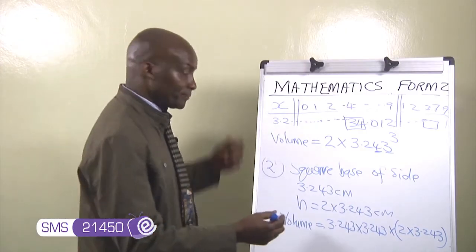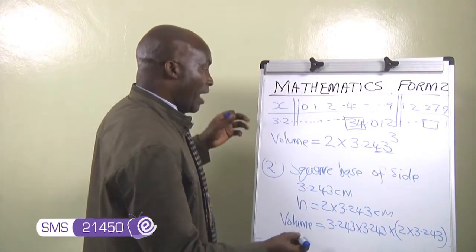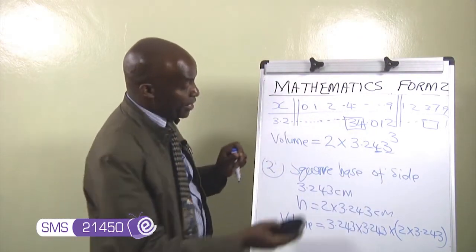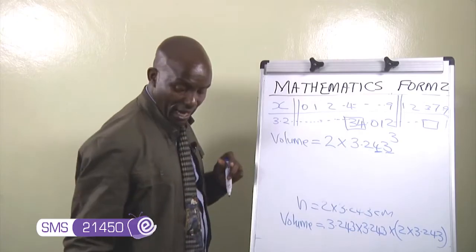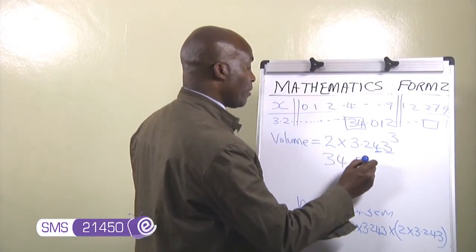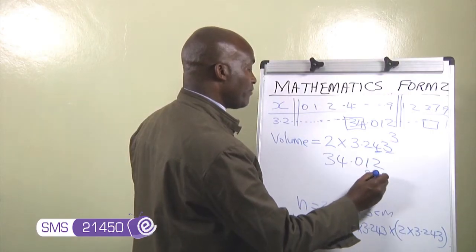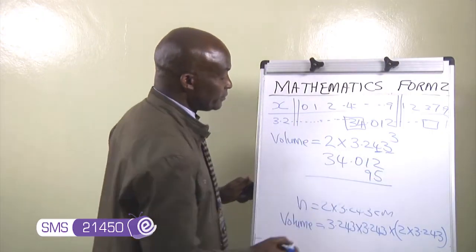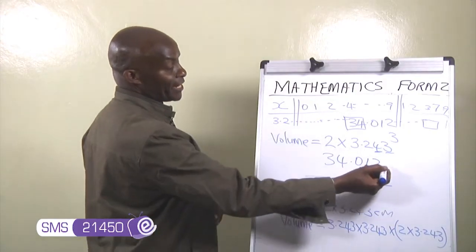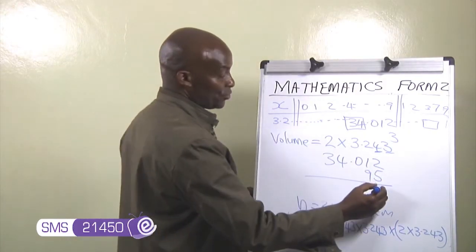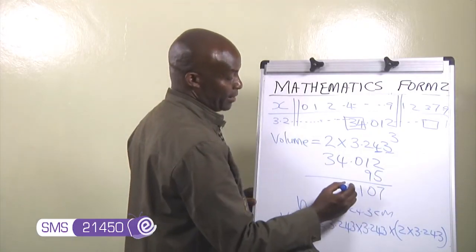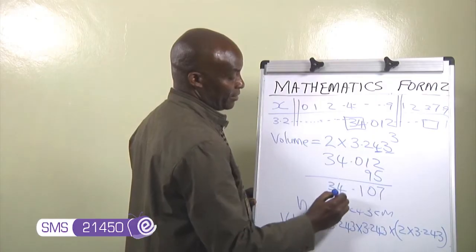How will you add 95? I need to add 95 to what I already have, that is 34.012. This 95 doesn't mean a whole number, so we normally add it to the end there. So this becomes 34.107.